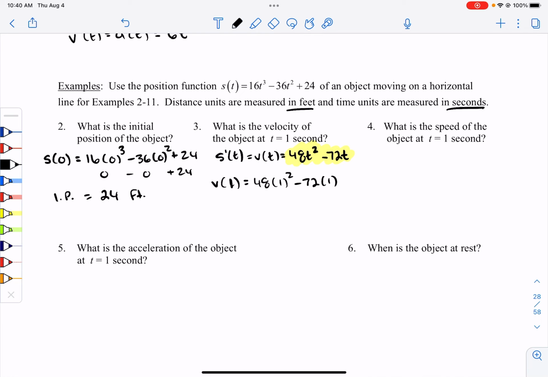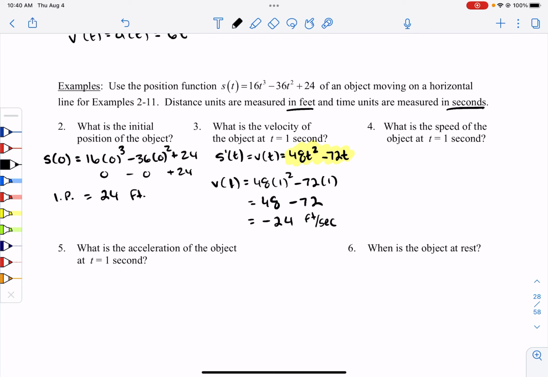It wants you to focus on the calculus, not the algebra, so the numbers are usually a little bit easier to work with, okay? So v of 1, 48 times 1 squared, well, that's just 48, minus 72, because 72 times 1 is 72. So my answer here is negative 24 feet per second, right?